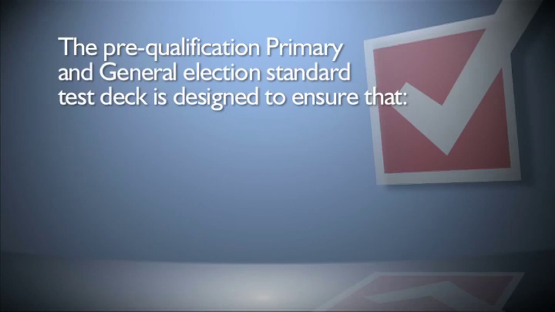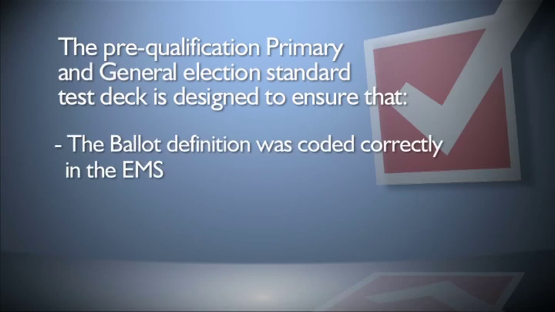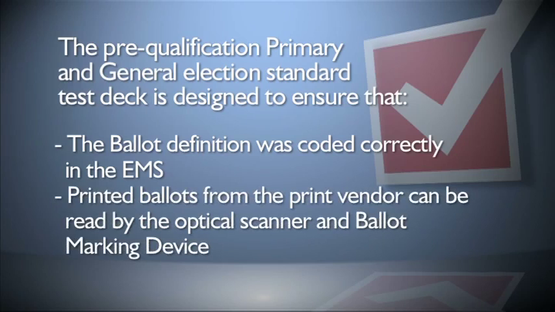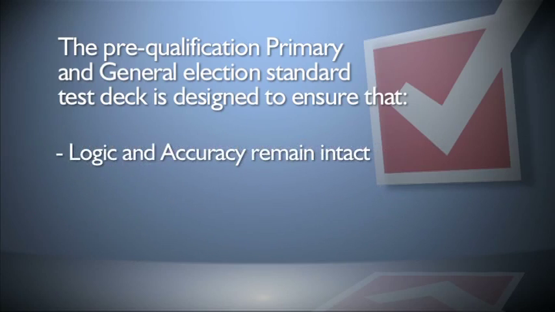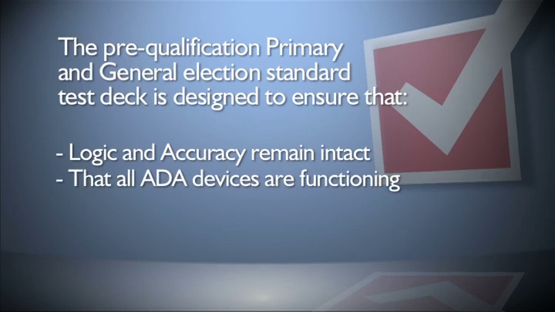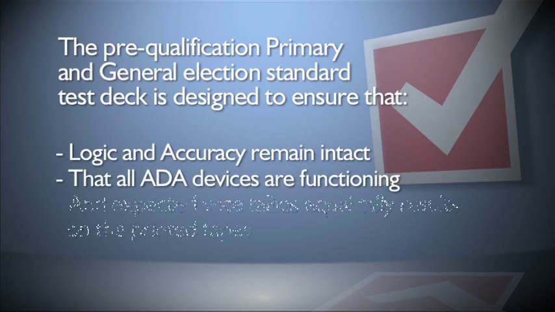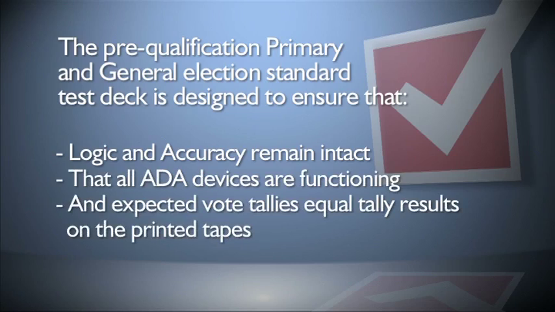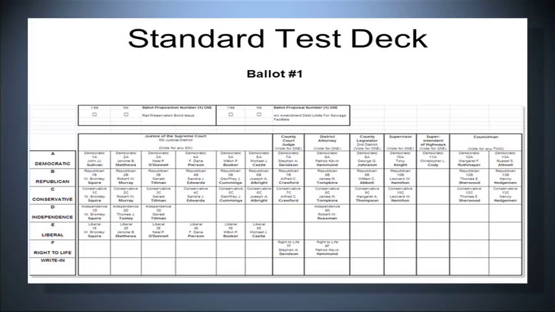The pre-qualification primary and general election standard test deck is designed to ensure that the ballot definition was coded correctly in the EMS, printed ballots from the print vendor can be read by the optical scanner and ballot marking device, logic and accuracy remain intact, that all ADA devices are functioning, and expected vote tallies equal tally results on the printed tapes. A standard test deck uses 3 ballots.